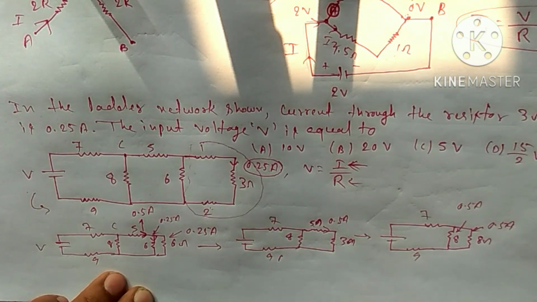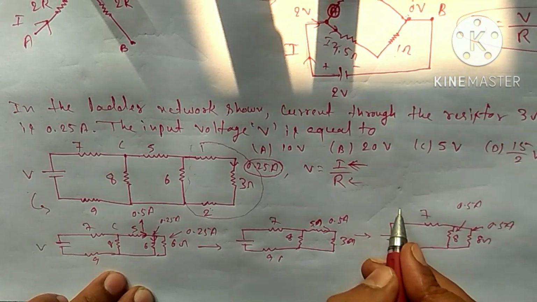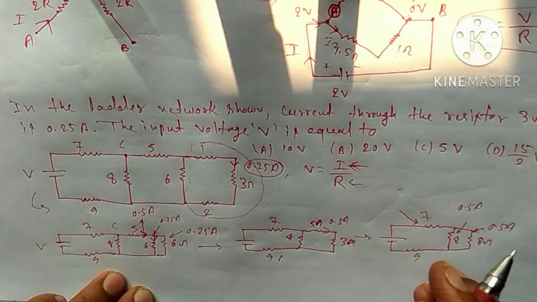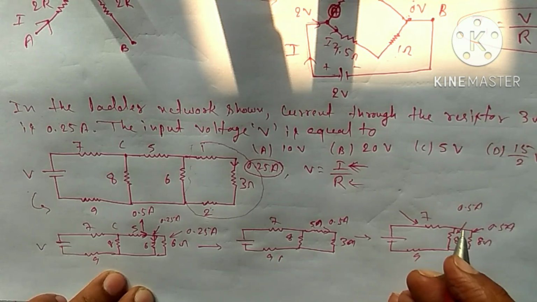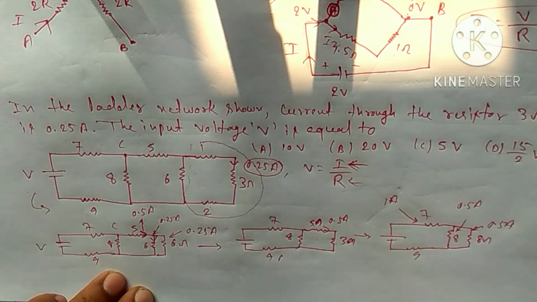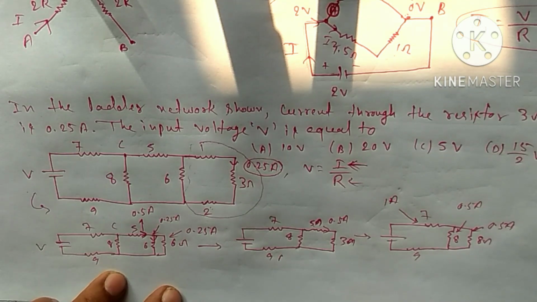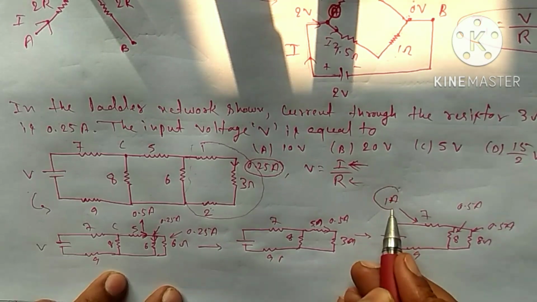So right now we can say that the value of current for the 7 ohm, we can take 0.5 plus 0.5, that is the value of 1 ampere. So here is the value of the total current flowing through the circuit.